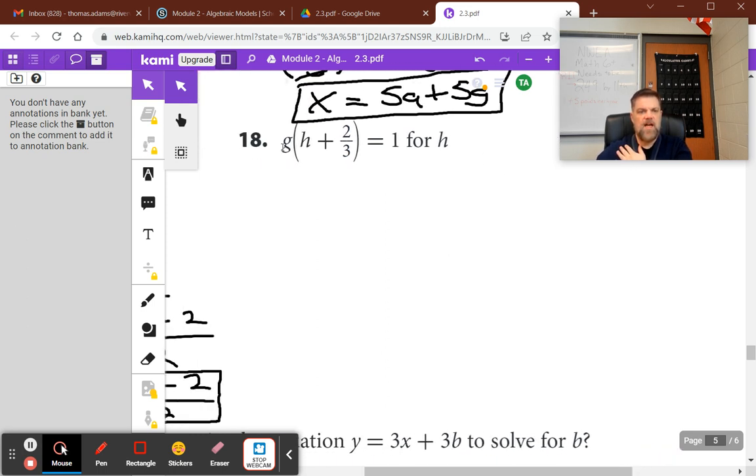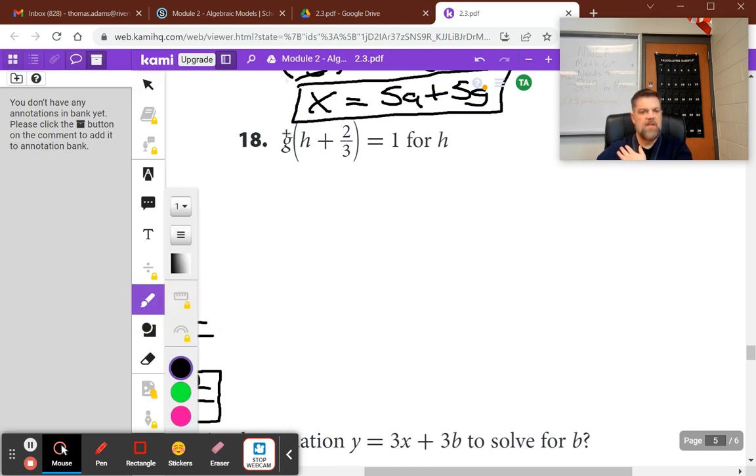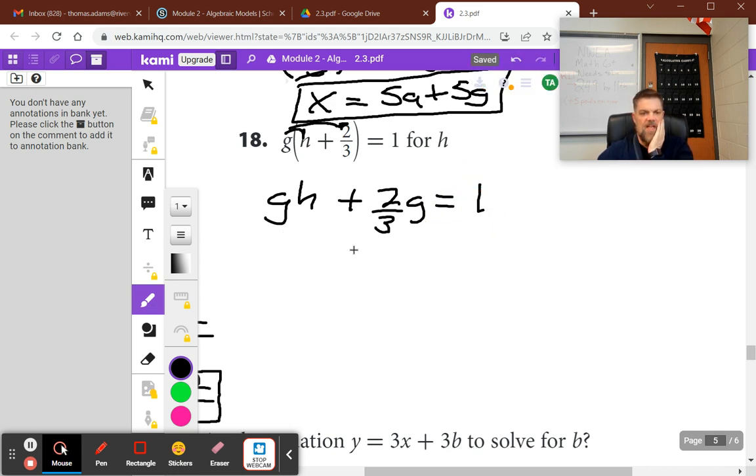Same thing here. I got to push the G through. So this becomes G times H, which is just GH. And then G times 2/3, which is just positive 2/3 times G equals 1. Okay. Then I'm going to subtract 2/3 G from both sides.